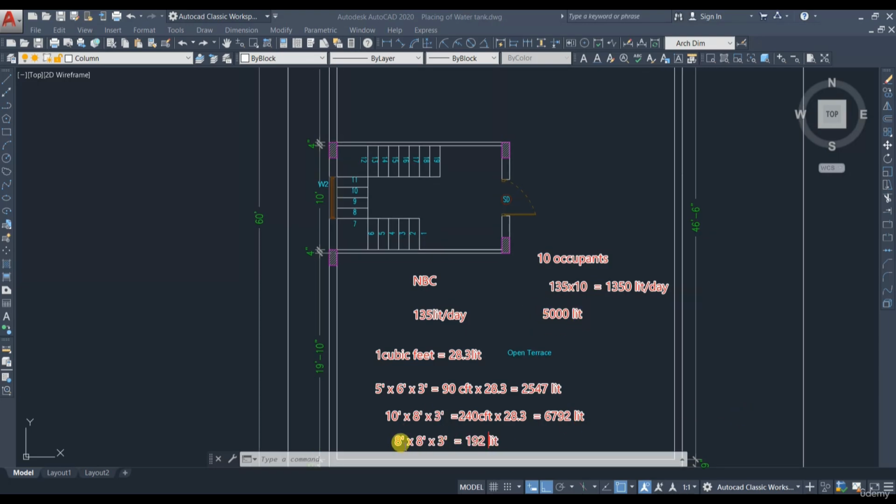Let's try with 8 feet by 8 feet by 3 feet, which comes around 192 cubic feet. This multiplied with 28.3 comes around 5433.6 liters. We can go with this size. This is matching our requirement. So let's provide the tank size of 8 feet by 8 feet by 3 feet.